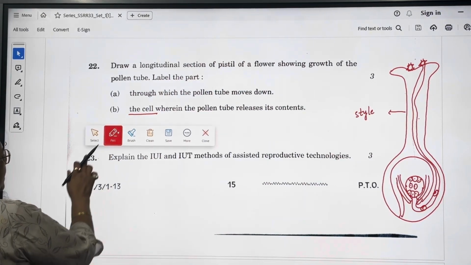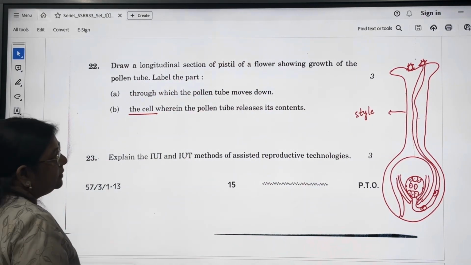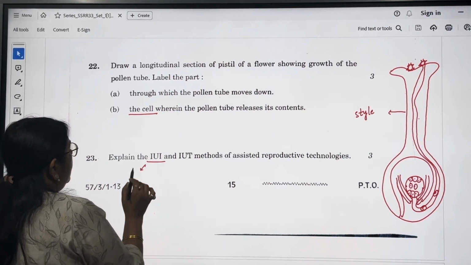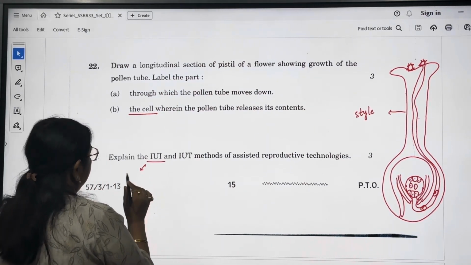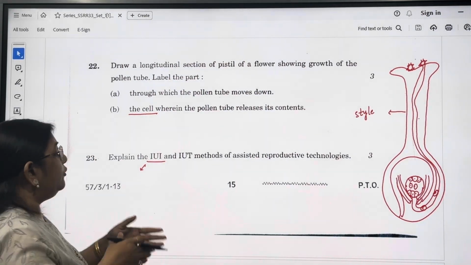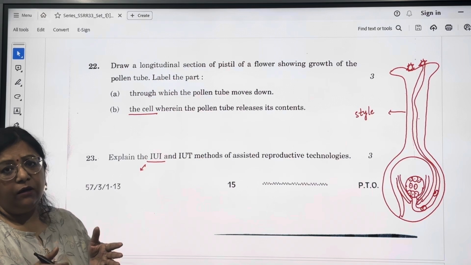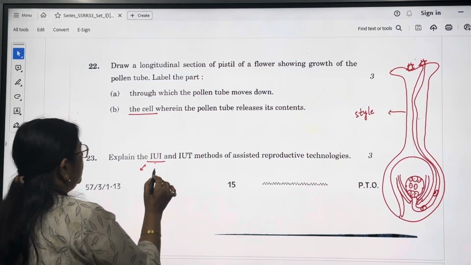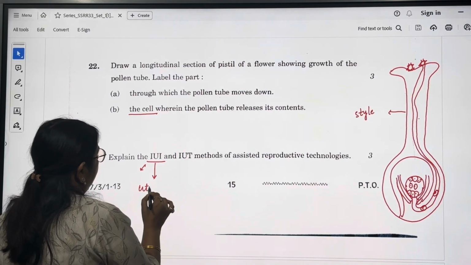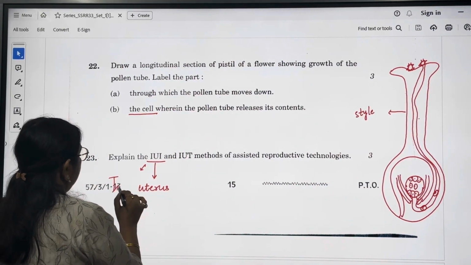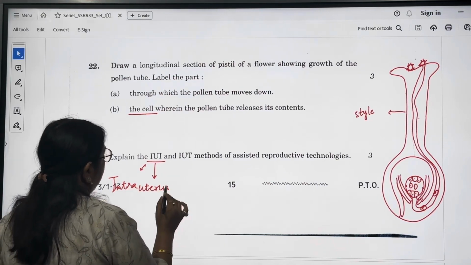Next is explain the IUI and IUT method of assisted reproductive technology. IUI means intrauterine insemination, in which the semen collected from the husband or from a healthy donor is introduced into the uterus. So intrauterine transfer.